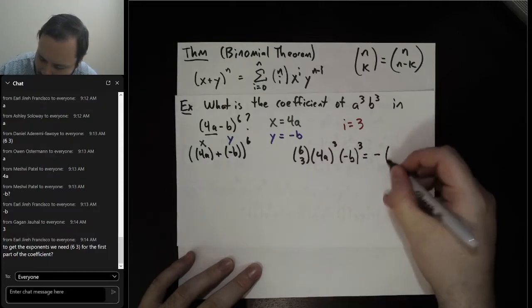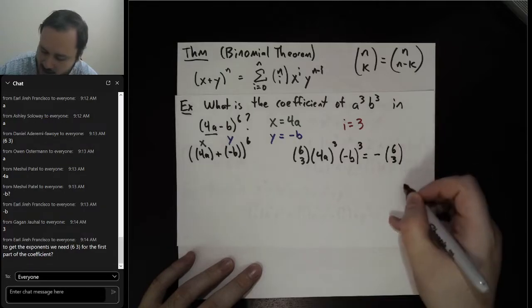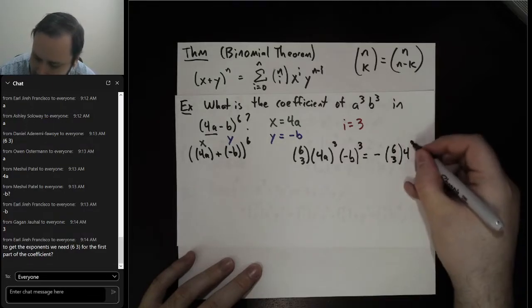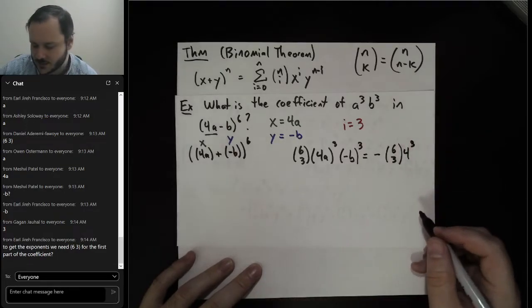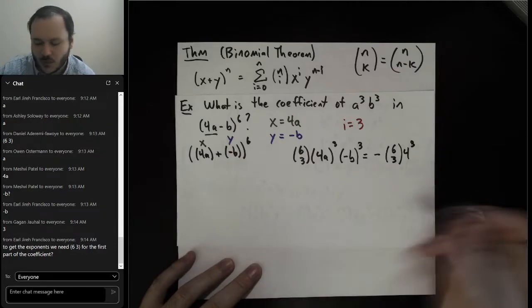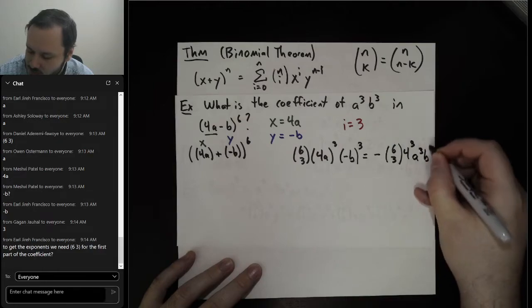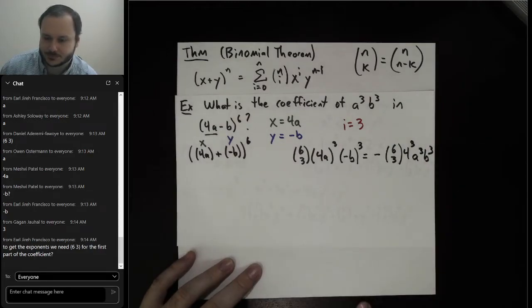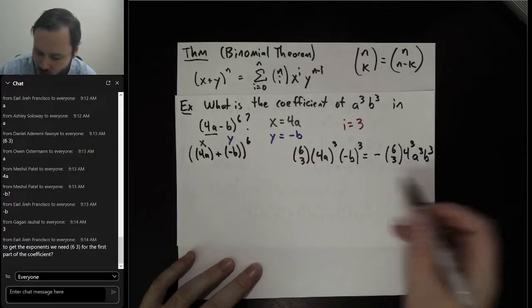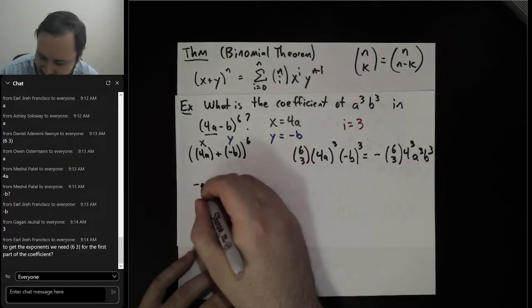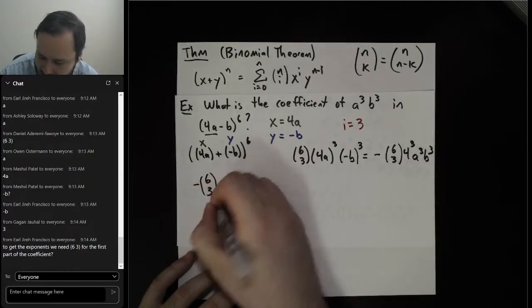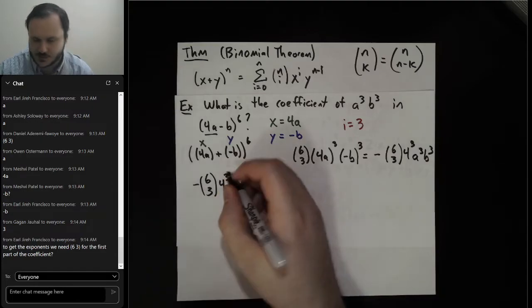Negative 6 choose 3 times 4 cubed. I don't know what 4 cubed is. I could work it out. I'm sure it's 2 to the 6th, so 64. Whatever. 4 cubed, a cubed, b cubed. So my coefficient is negative 6 choose 3 times 4 cubed.